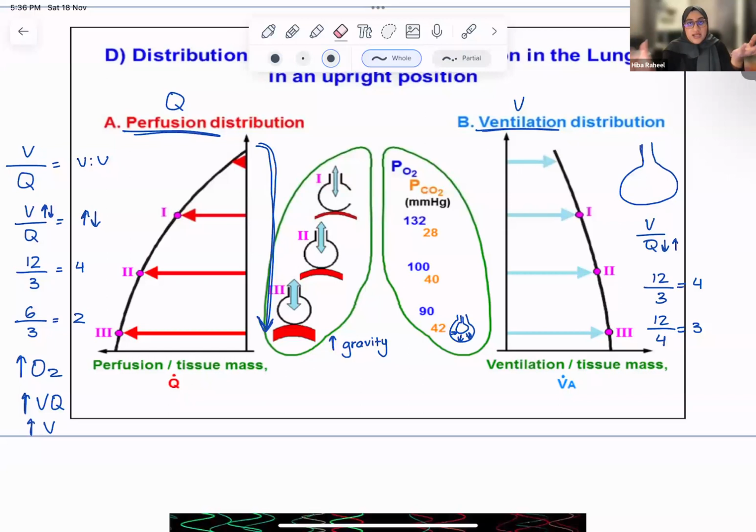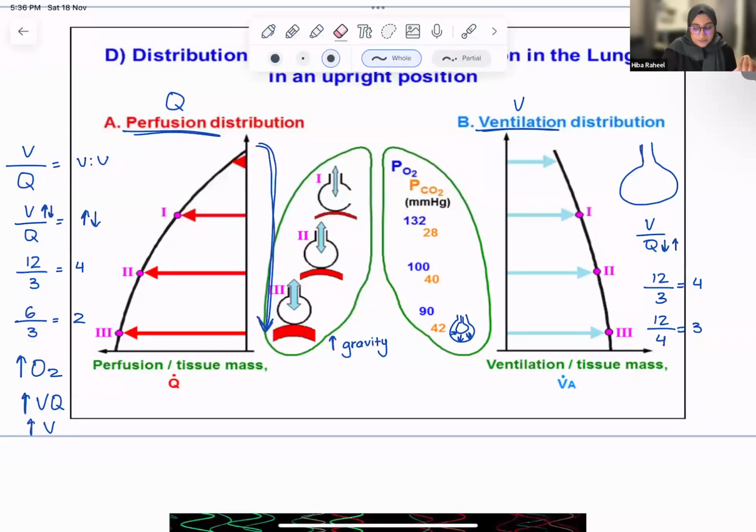Both the perfusion and the ventilation are higher at the bottom, so they cancel each other out. As compared to the apex, it's lower. Apex as compared to the base, VQ ratio is higher. Understood? That's what I meant. And in the diagram, the V is larger than the Q. Exactly. So proportionately, V is larger than the Q at the base of the lung.